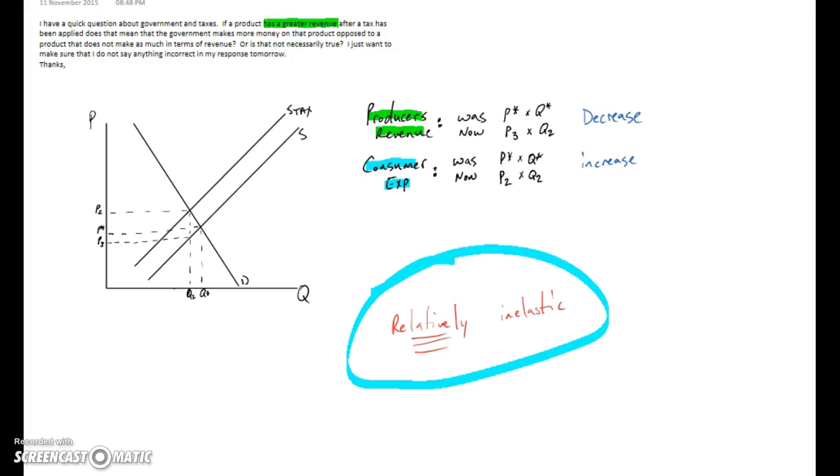So what's interesting here in your question is that while the government would be making a lot of money here because quantity didn't go down by that much, and price increased by a greater amount, that would still be true even if we looked at the top half of this demand curve because we've drawn it relatively inelastic. This is a place where the slope of the curve is actually more important.